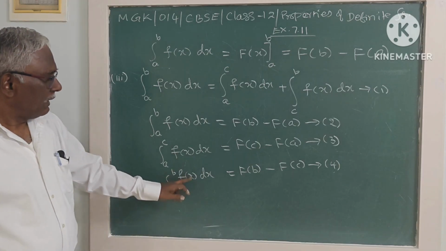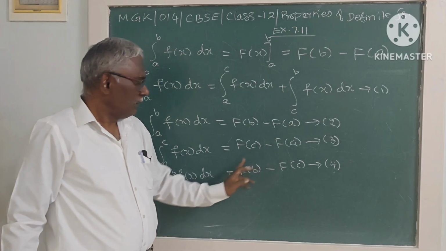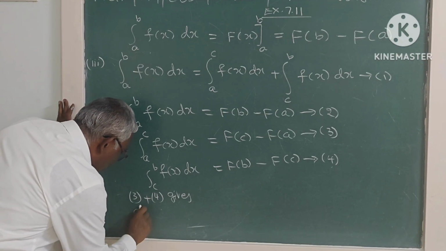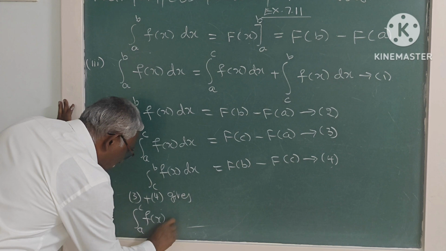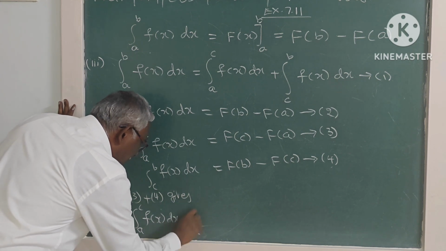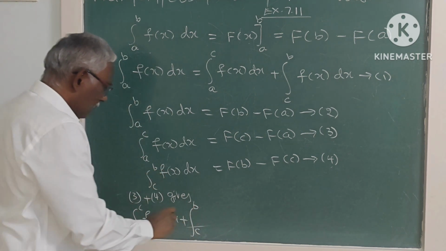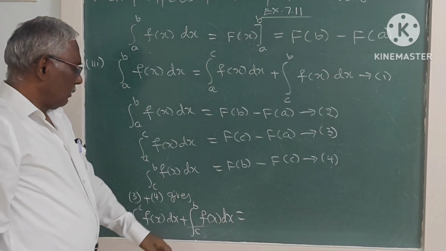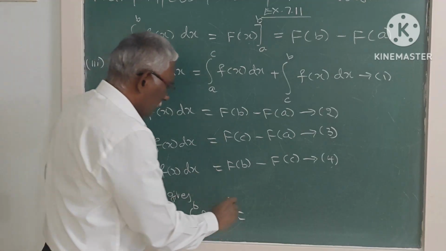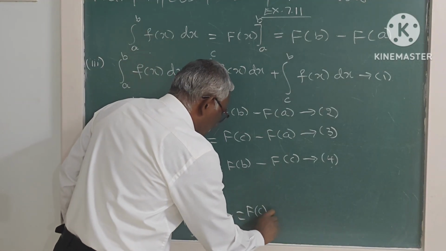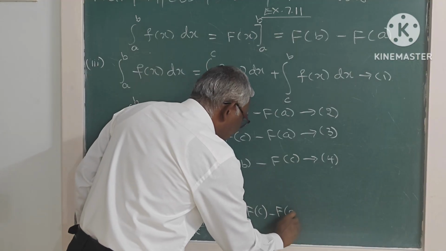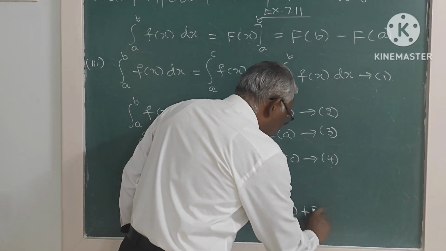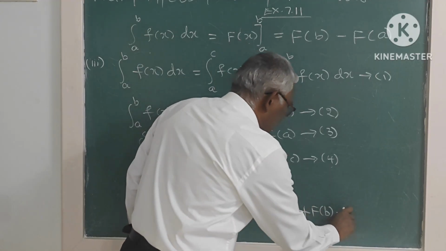Now we'll add 3 and 4. We'll add these two equations. Integral a to c f of x dx plus integral c to b f of x dx is equal to f of c minus f of a plus f of b minus f of c.